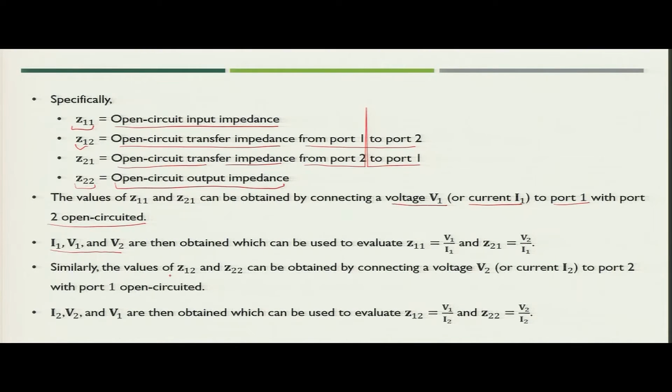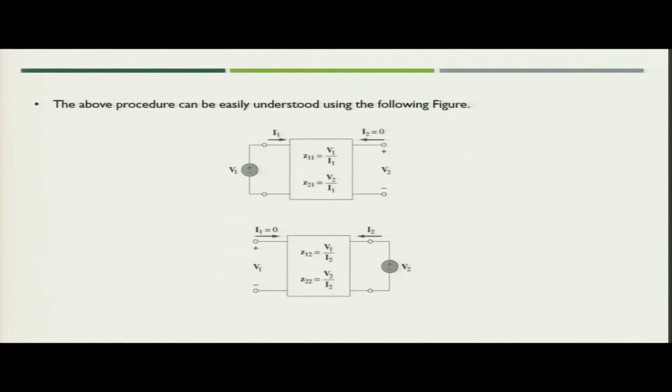Similarly, to find Z12 and Z22, you connect voltage V2 or current I2 to port 2 and keep port 1 open circuited. Then you find the values of I2, V2 and V1, and based on these you can calculate Z12 as V1 upon I2 and Z22 as V2 upon I2.